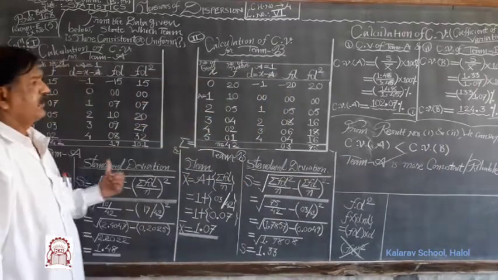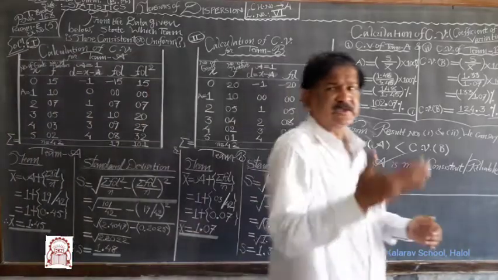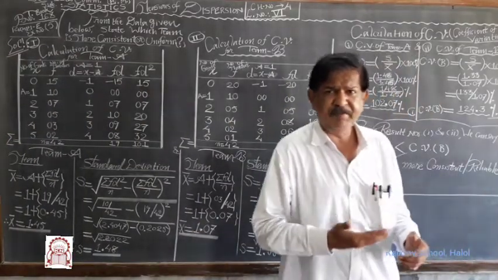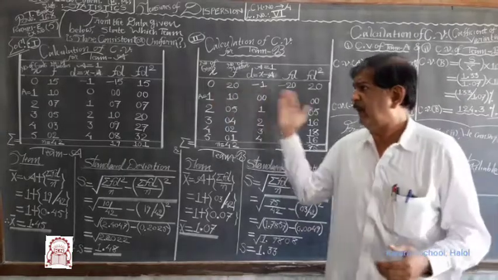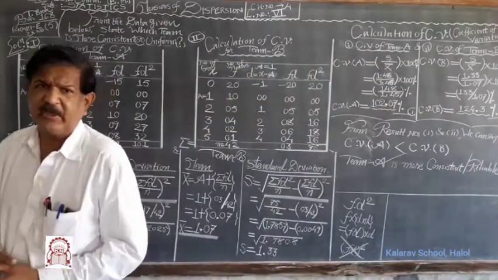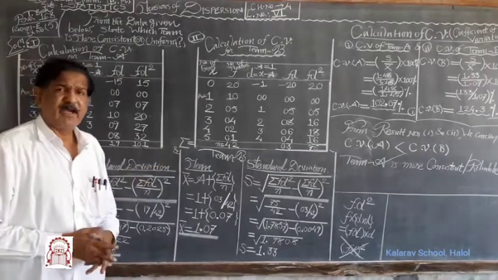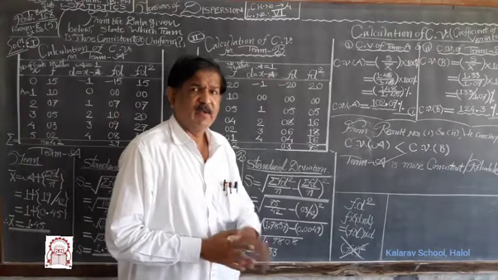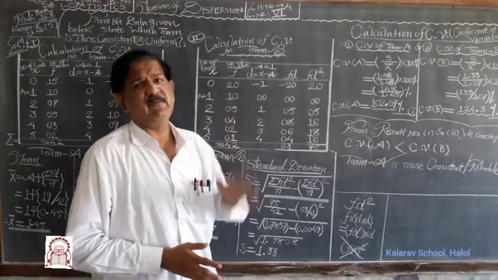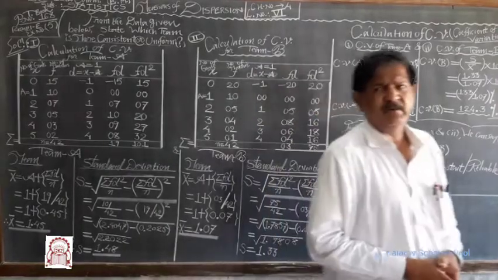Try to understand this calculation. See the textbook, see the example, see the question, and how to make the calculation and presentation of the answer is also one of the important things. This example can be asked in section E or section F, means 4 marks or 5 marks. Therefore, this is one of the important methods.